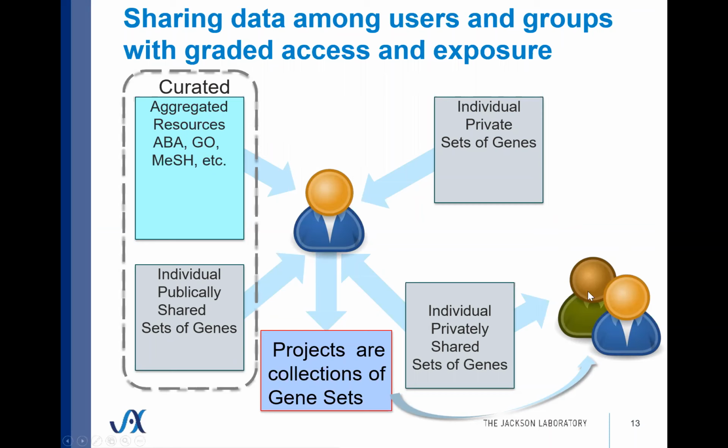Other users have only access to the gene sets that were provided to them by this user. So it's a way that you can expose only what you want to your colleagues, and your analyses are going to see anything that your colleagues have shared with you in addition to the public resources. It does mean different users of GeneWeaver may get different results depending on who they're sharing data with. So it's good to have a lot of friends, I think, is the upshot.